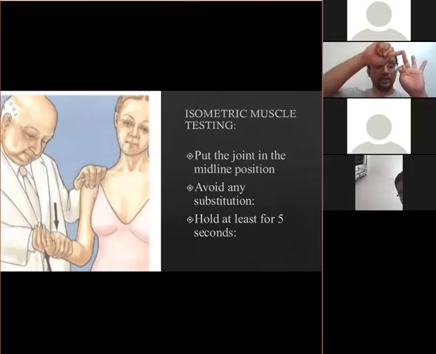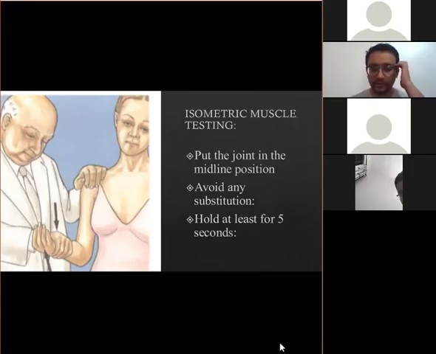Another option is muscle is strong but some pain. Another option is muscle is weak and some pain. Another is muscle is weak, no pain. And all of these mean different things. This is the formula I was talking about. If you know this, you'll be able to answer any question.